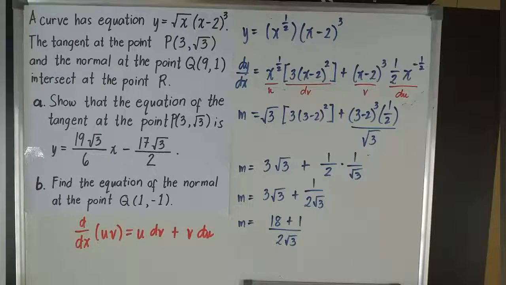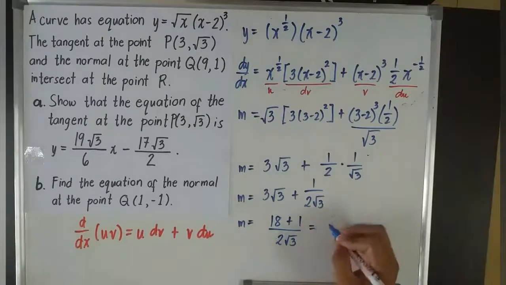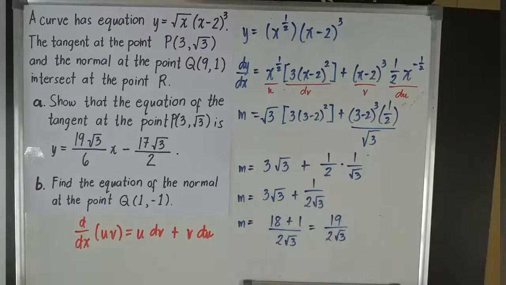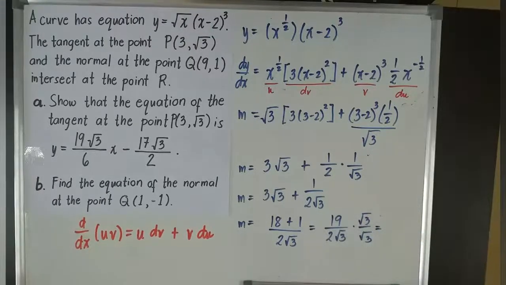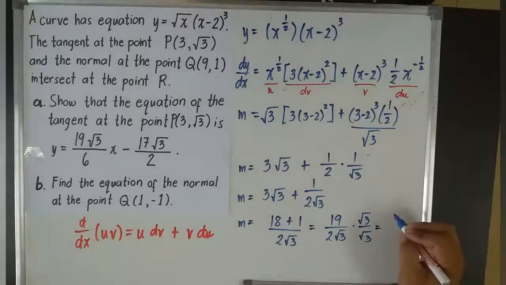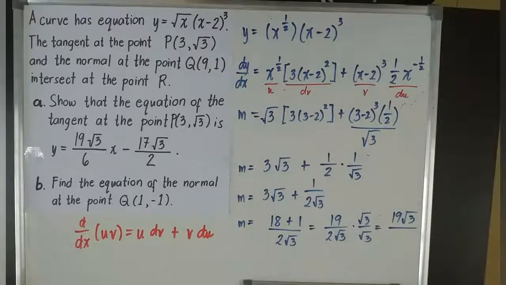Next, this will now become 19 over 2 square root of 3. Clear? Which will now become, you multiply it by square root of 3 over square root of 3. It will become 19 square root of 3 over, what is square root of 3 times square root of 3?